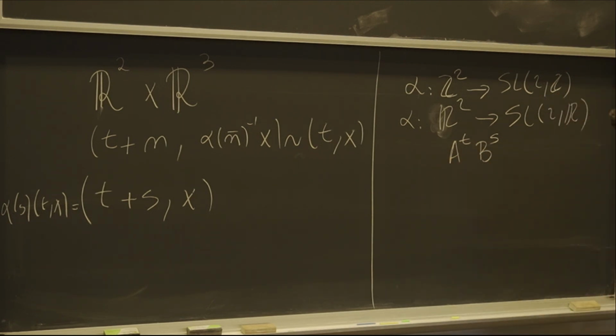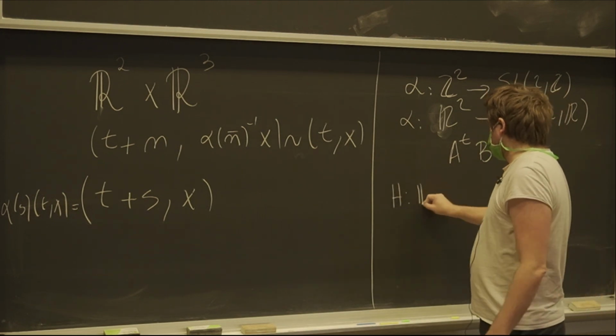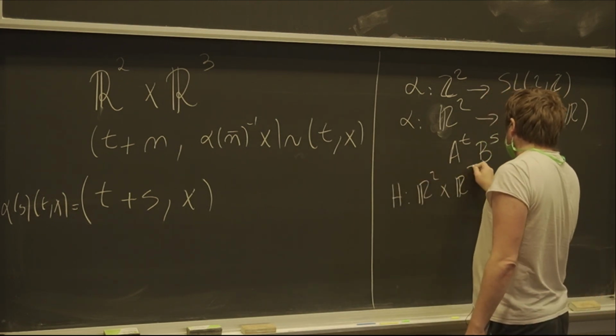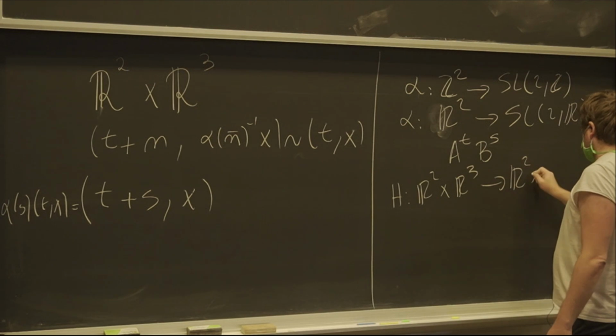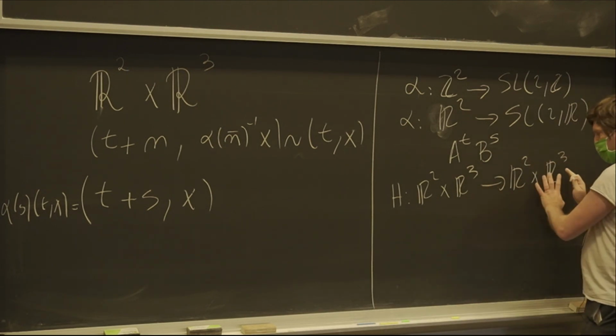And now you define a map H from R2 times R3 into R2 times R3. And it's really R2 times R3, not the torus T3, but R3.